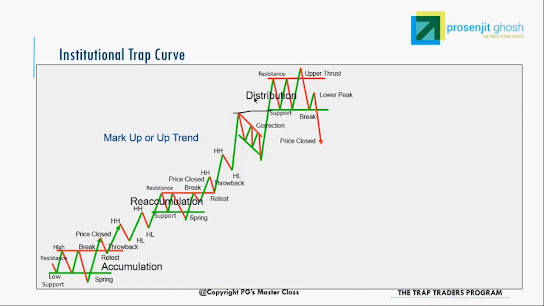And what happens with that? That invites all the retailers and the novices to go and buy. And because they start buying there, the institution gets a lot of fill.